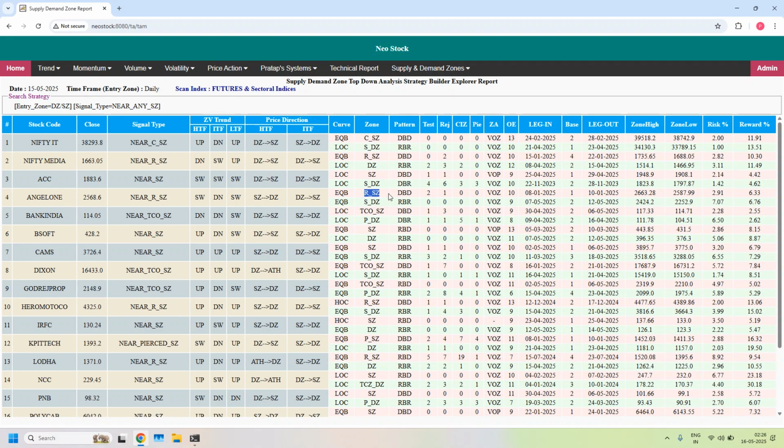Angel 1 is having daily high liquidity supply zone. Hero Motors is having daily high liquidity supply zone. Loda is not valid because it is a pierced zone.